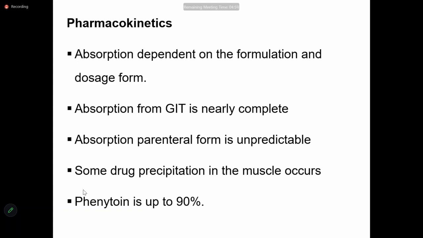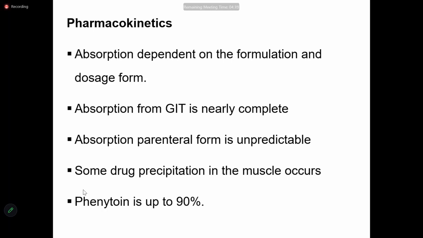We have some drug precipitation in the muscle, where it might be retained in certain muscles, depending on the strength and bulk of those muscles. So when it is given intramuscularly, you cannot predict the absorption rate.